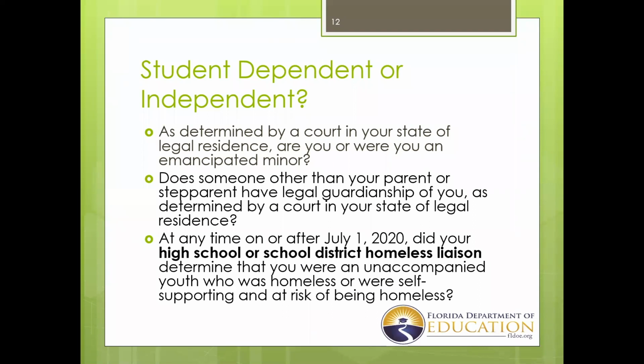Does someone other than your parent or step-parent have legal guardianship of you as determined by a court in your state of legal residence? At any time on or after July 1st of 2020, did your high school or school district homeless liaison determine that you were an unaccompanied youth who was homeless or was self-supporting and at risk of being homeless?